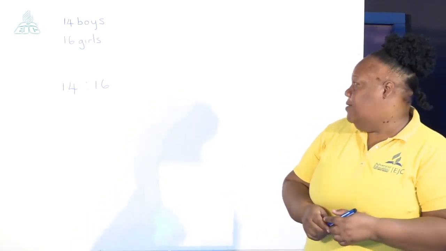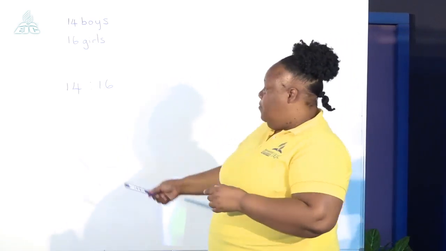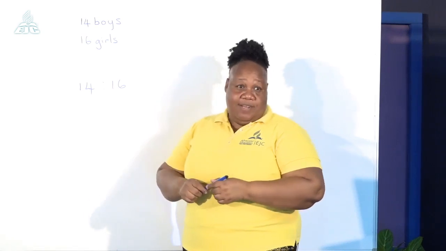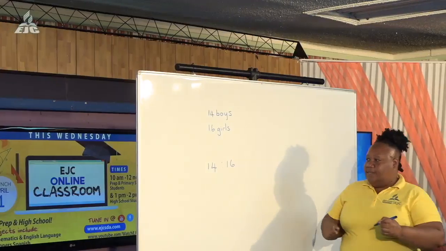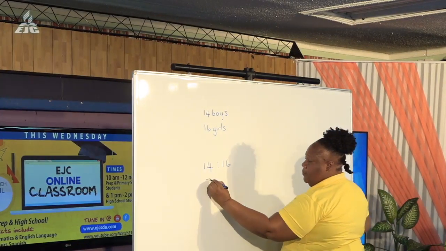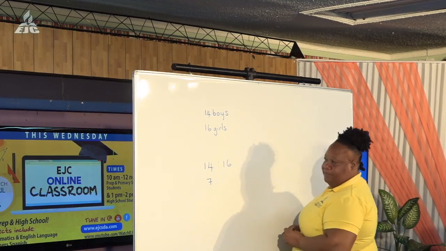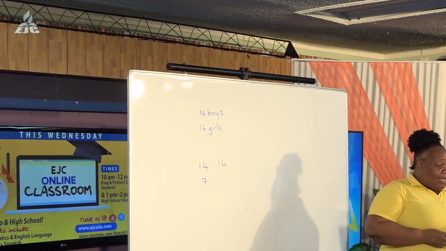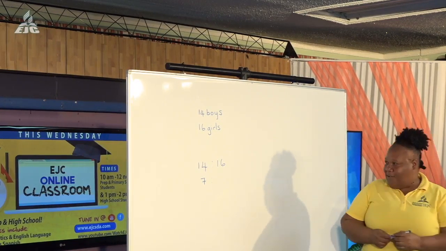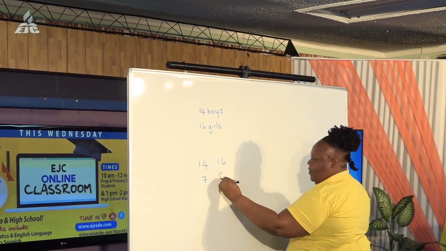Yes, so 2. So can we get 2 into 14 without leaving a remainder? Yes. 2 into 14 would end up with 7. 2 into 16, okay, would end up with 8.